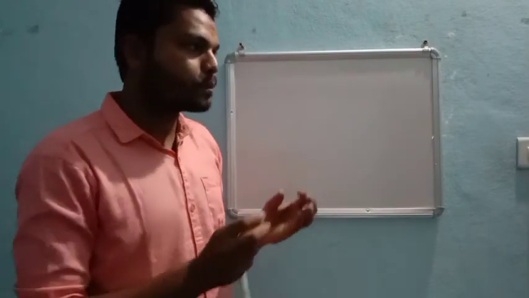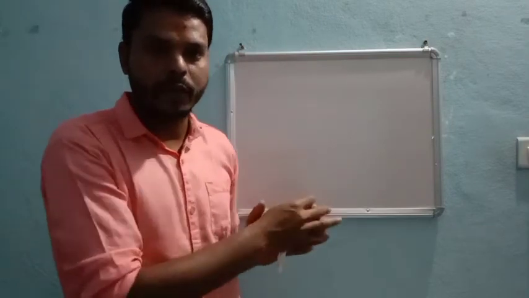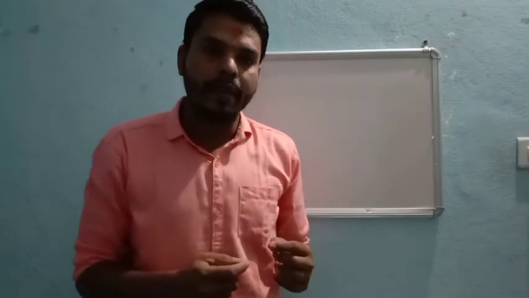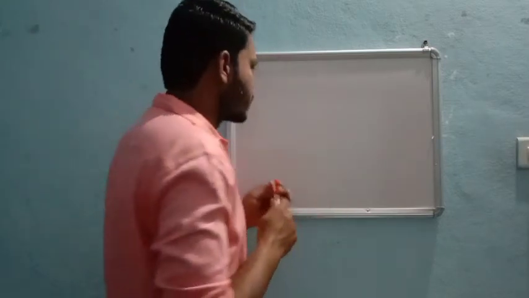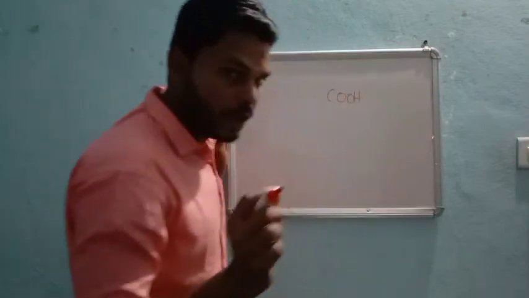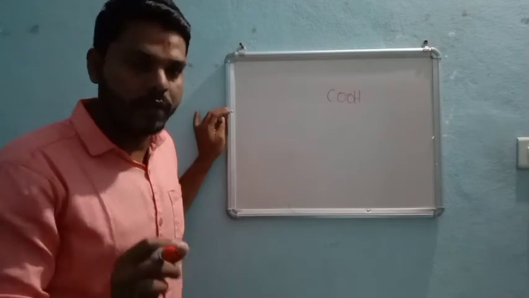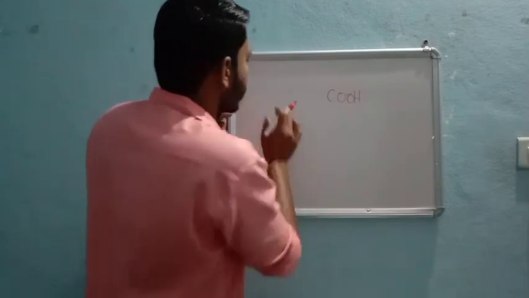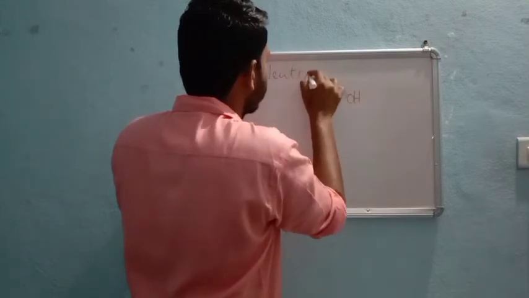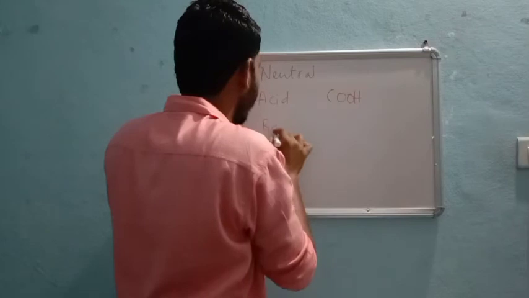Neutral means it must have positive as well as negative, so it will be neutralized. Acidic amino acid means more COOH groups are present. So based on nature, we classify amino acids into three categories: the first is neutral, the second is acidic amino acid, and the third is basic amino acid.